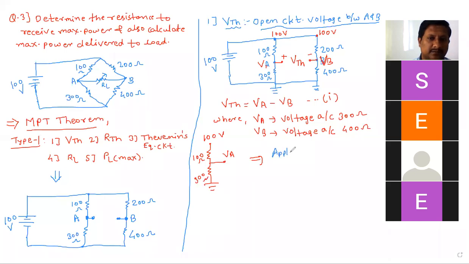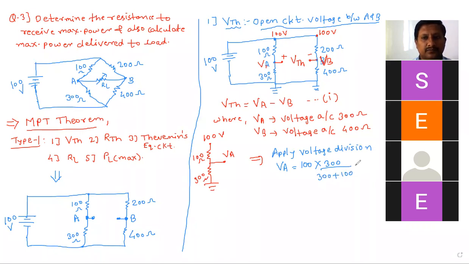Apply voltage division, because this is a series circuit. Okay. Total voltage is 100. Then across this you can find out. Apply voltage division to find out VA. So VA is equal to total voltage 100 into 300 in the numerator, divided by 300 plus 100.